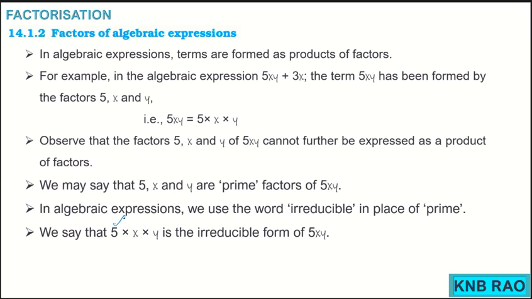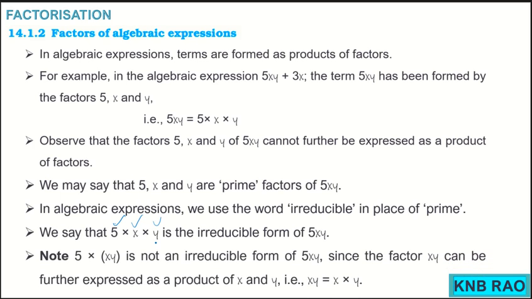So 5xy is expressed as the product of those irreducible factors. So we say 5xy is in irreducible form. Rather, in prime factorization of natural numbers, we said prime factor form. In algebraic expressions, the term 5xy is in the irreducible form.